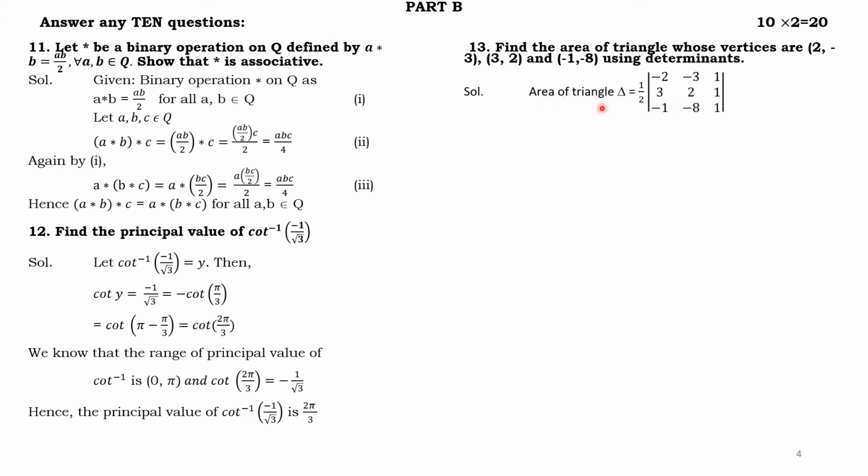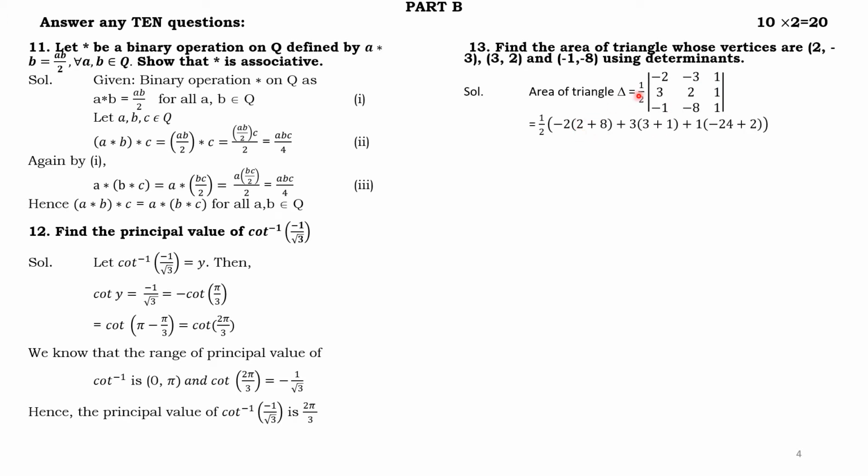Area of the triangle is given by area of triangle equals half into, we have to write 1 1 1 in the third column, and the remaining vertices are to be written here, 2 minus 3, 3 2, minus 1 minus 8. So rearrange the given vertices as shown on the screen.